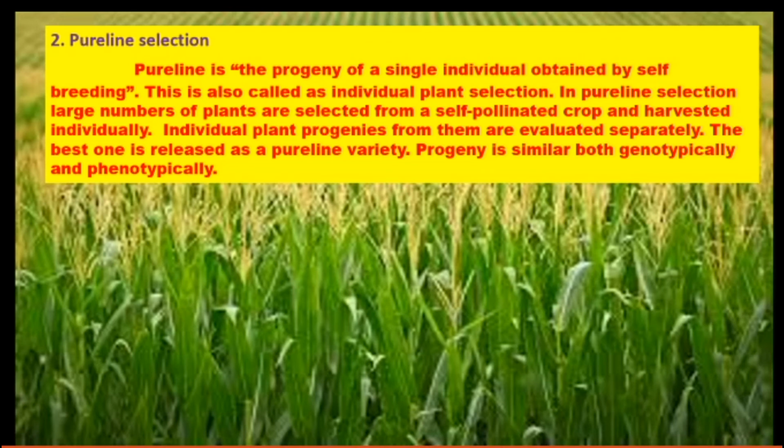This is very important, because this is the purpose for which we are cultivating the plants. So genetically and phenotypically they are similar. It means there is no recessive or undesirable character inside the plants. Whatever we see is pure. There is no mixture of any undesirable character in these plants.